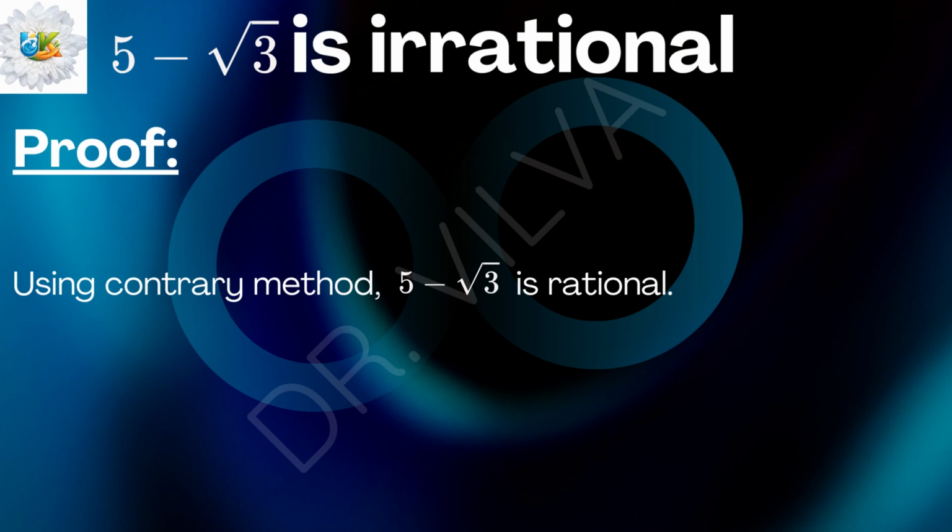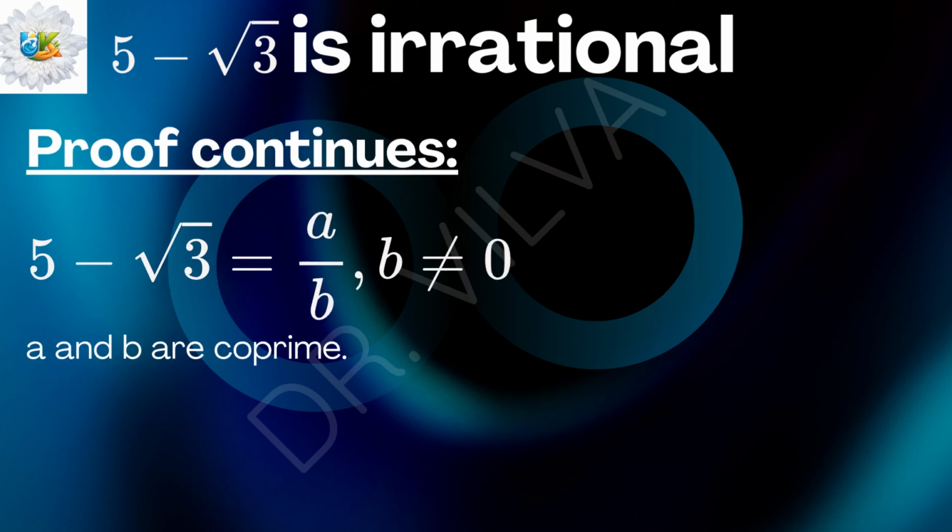Suppose 5 minus root 3 is actually rational. If that is true, we can write it in the form a by b, where a and b are co-prime integers and of course b is not equal to 0.